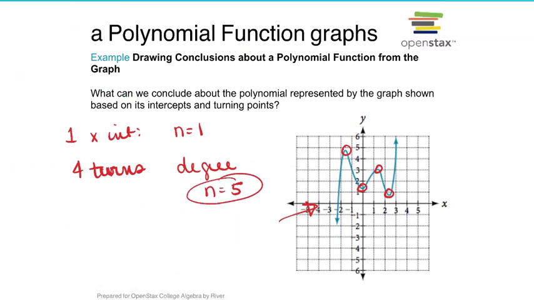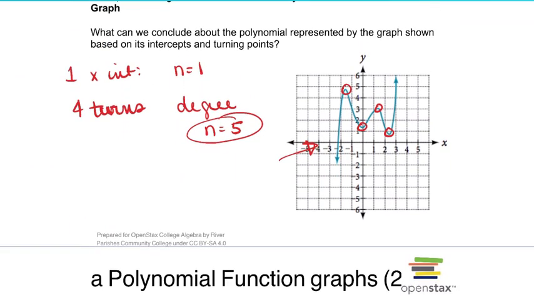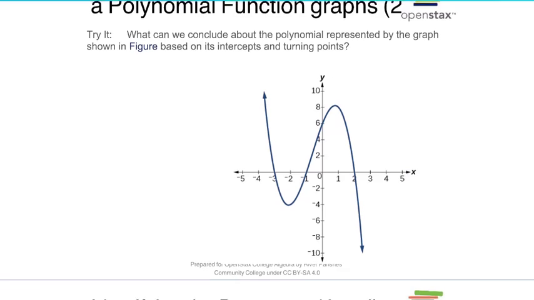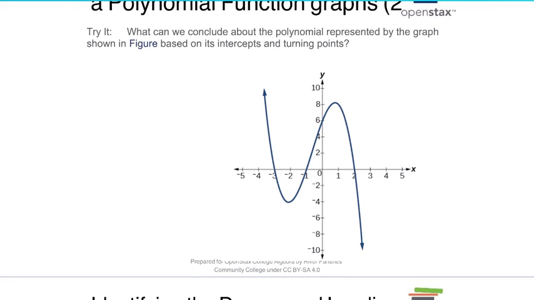So it doesn't mean that if you only have one x-intercept that the degree is 1. We could have up to 5, but there was only 1. So I would say that the minimum degree would have to be 5 since there are 4 turning points. So you guys try this one.